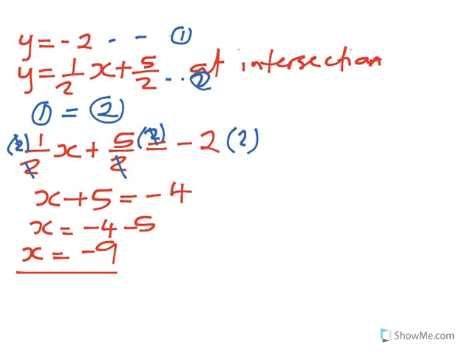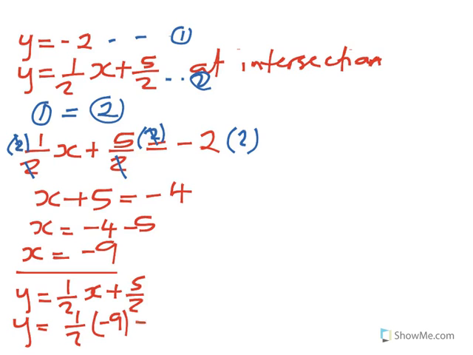Now, having gotten the value of x, I take one of the equations which has x, which is the second equation, y is equal to half x plus 5 over 2. Now I know x is -9. 1 over 2 of -9 plus 5 over 2. What is the value of y? It is -7.